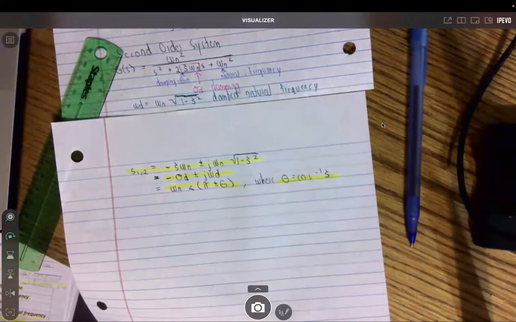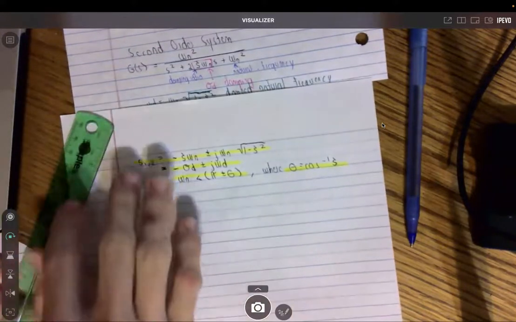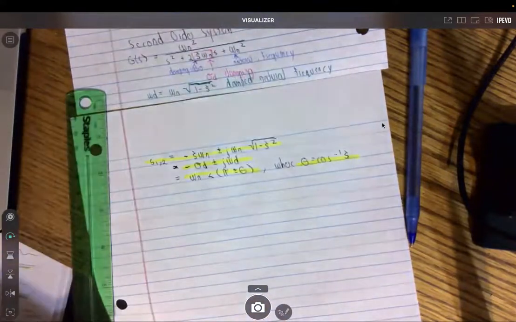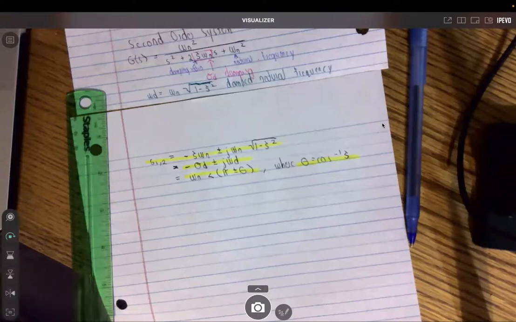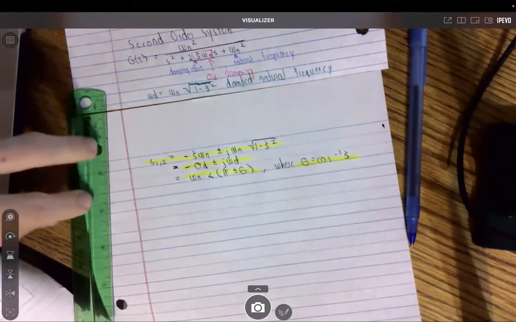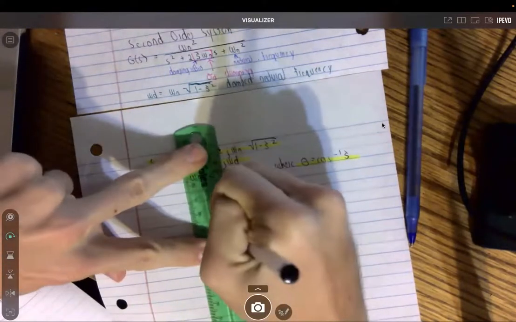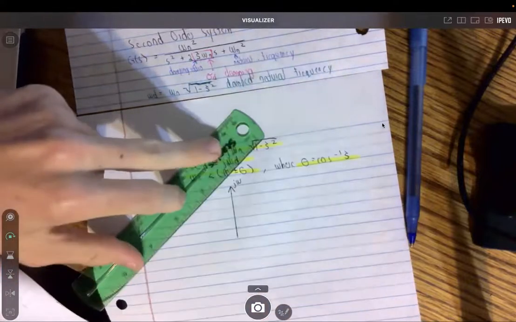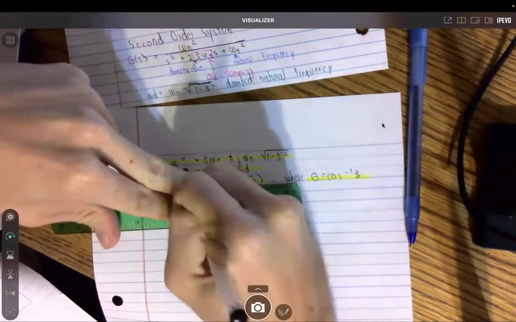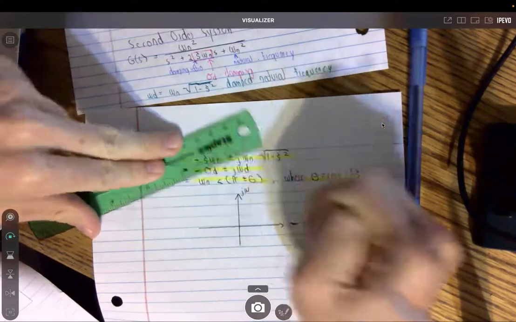Okay, now that we talked about what a second order system is and how it has two poles, let's look at the plot of a second order system and how we're going to make it. The plot of a second order system is a little bit different than the first order. Within your plot, you have the j omega still, and you have your sigma, of course, on your x-axis.